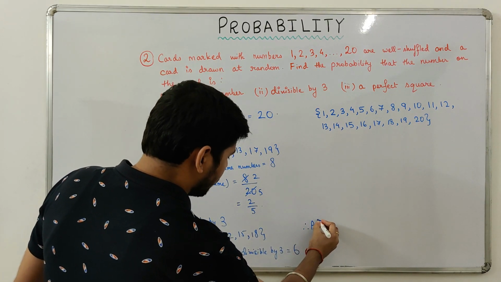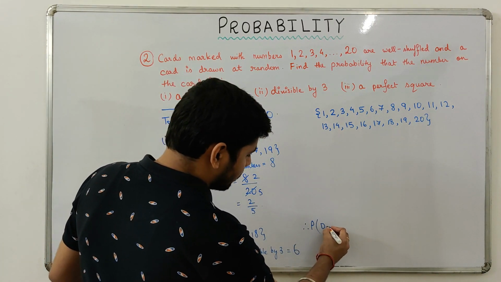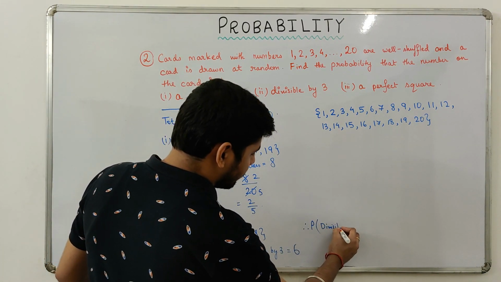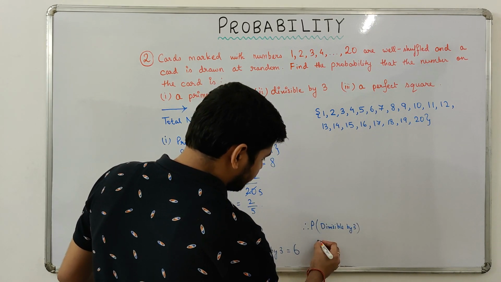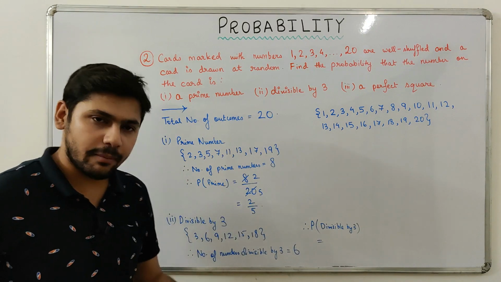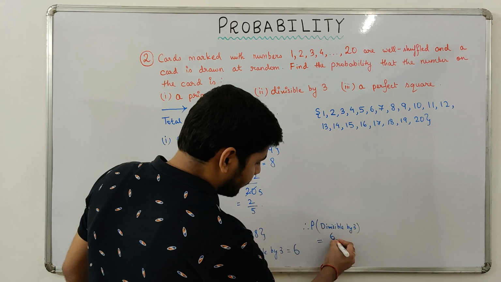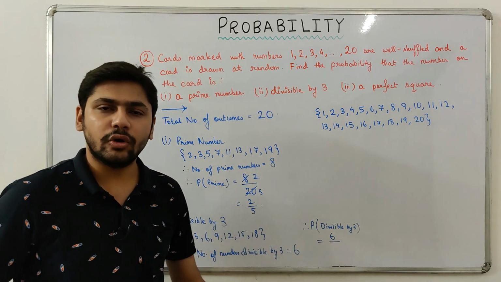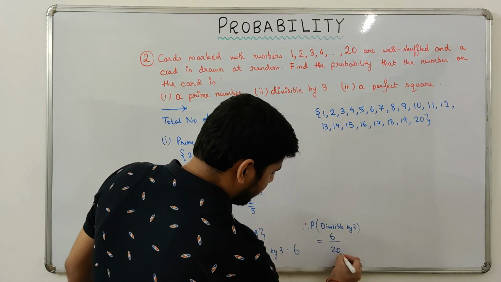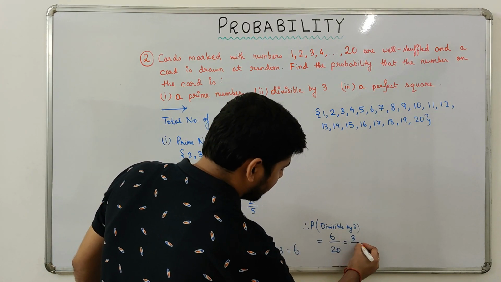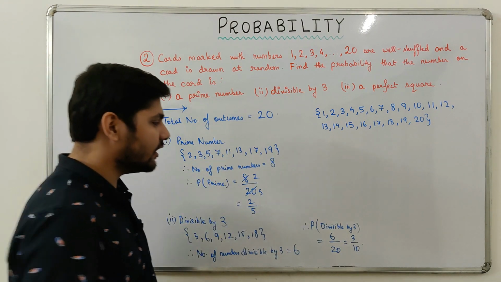Therefore, probability of getting a number divisible by 3 is equal to the total number of numbers which are divisible by 3 between 1 to 20, 6, divided by the total number of outcomes, which is 20. So 6 by 20, which will come out to be 3 by 10. Simple. Now let's move on to the third subpart.